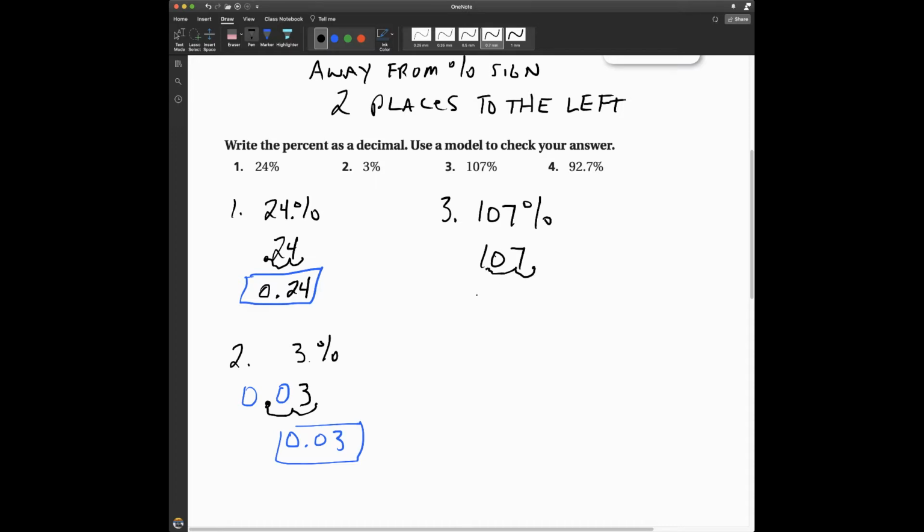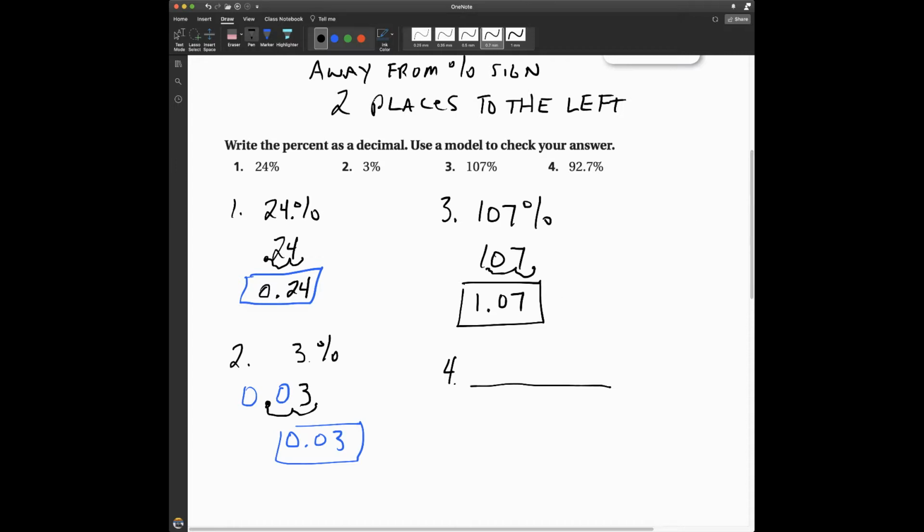So 107% is the same as 1 and 7 hundredths, or 1.07. For number 4, you guys are going to work that one out. If you're watching this on YouTube, pause the video and work out number 4. If you are watching this in Edpuzzle, the video will pause now.